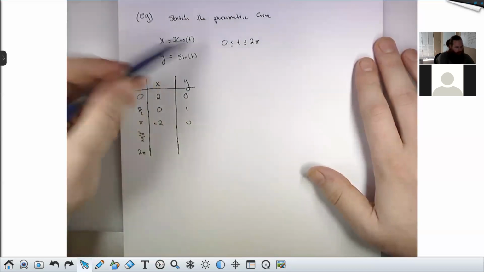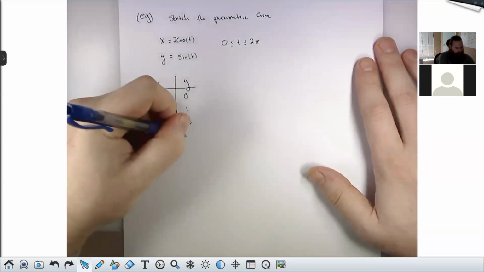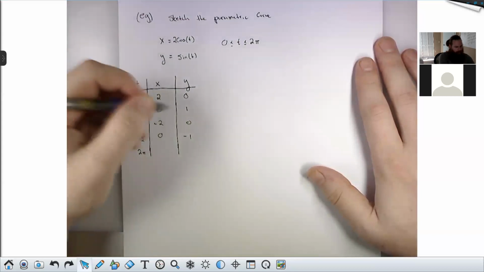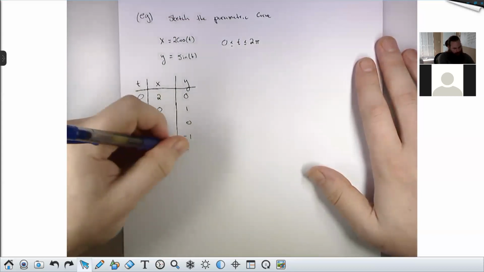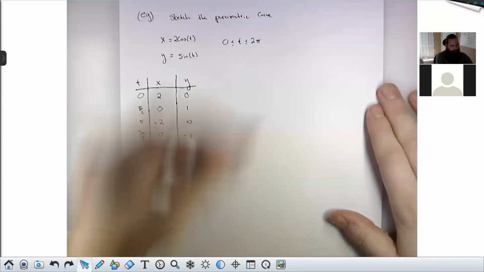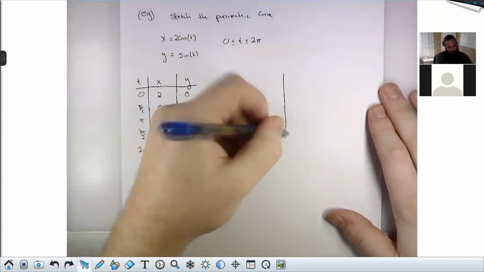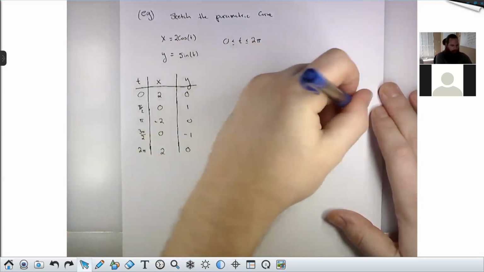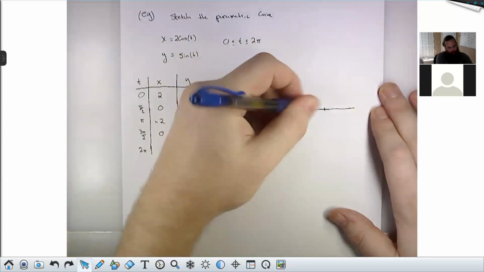If I plug in 3 pi over 2, cos of 3 pi over 2 is 0, so 2 times 0 is 0, and sine of 3 pi over 2 is negative 1. And at 2 pi, we get the same thing as at 0, because these are both periodic with period 2 pi. So here I've got some points. And there are a few interesting things that have happened.